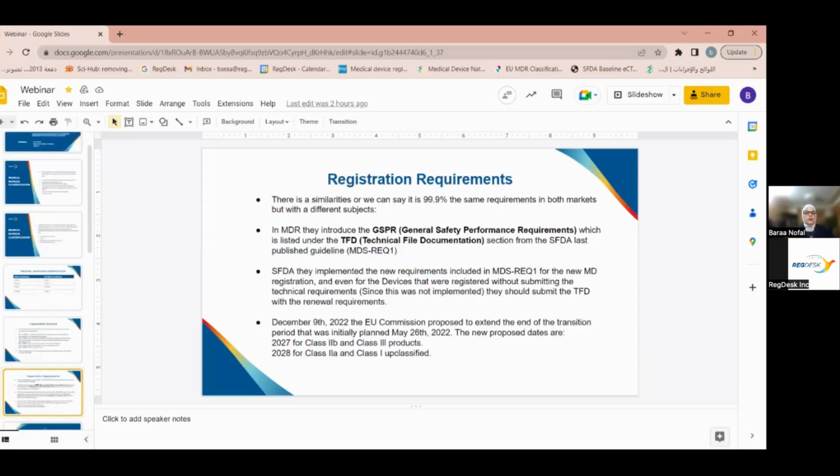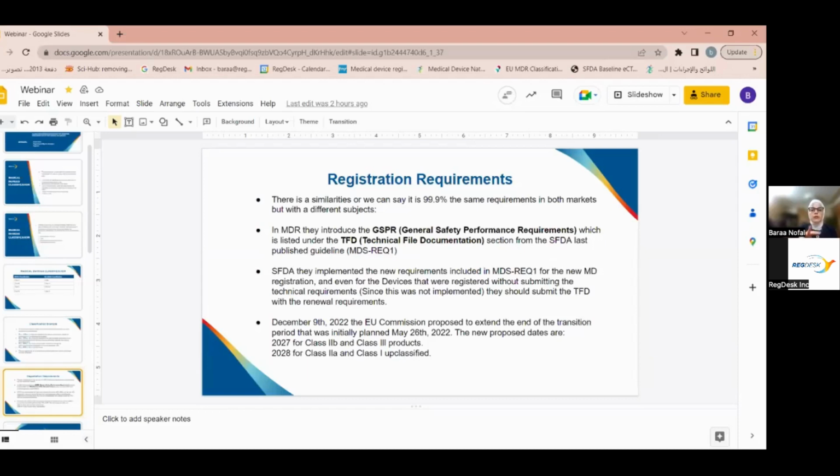After that, I will start speaking about registration requirements. Before I speak about this slide, and before I compare Saudi FDA and EU MDR, just a note: in Saudi FDA, you should hire or contract with an authorized representative in Saudi Arabia.